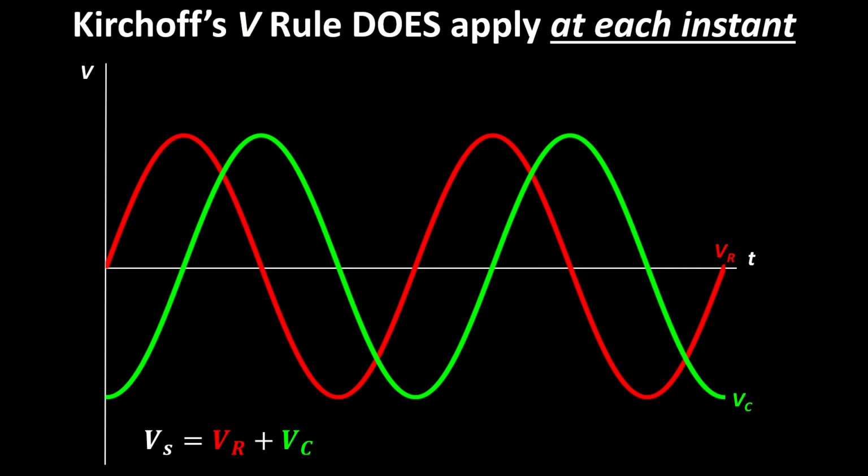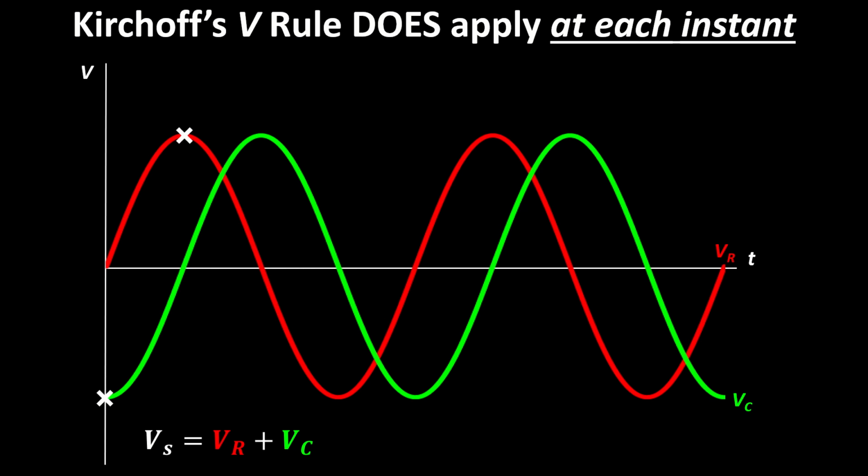Now, at time equals zero, when the resistor voltage is zero, the supply voltage must be equal to the capacitor voltage. So we'll mark that point. If we go along a bit further, when the capacitor voltage is zero, when it crosses the x-axis, that's when the resistor voltage is maximum. So the supply voltage must be equal to the resistor voltage at that point.